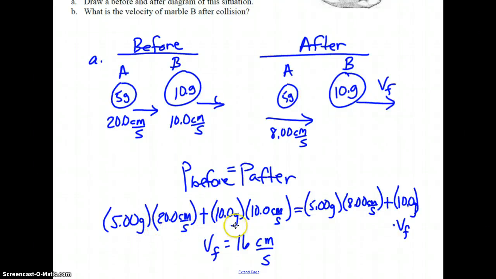We multiply each term together and add these two together on the left-hand side. We subtract the 5 times 8 from the right-hand side, and then we divide our answer by 10. And when we do that, we should get a final velocity of 16 centimeters per second.